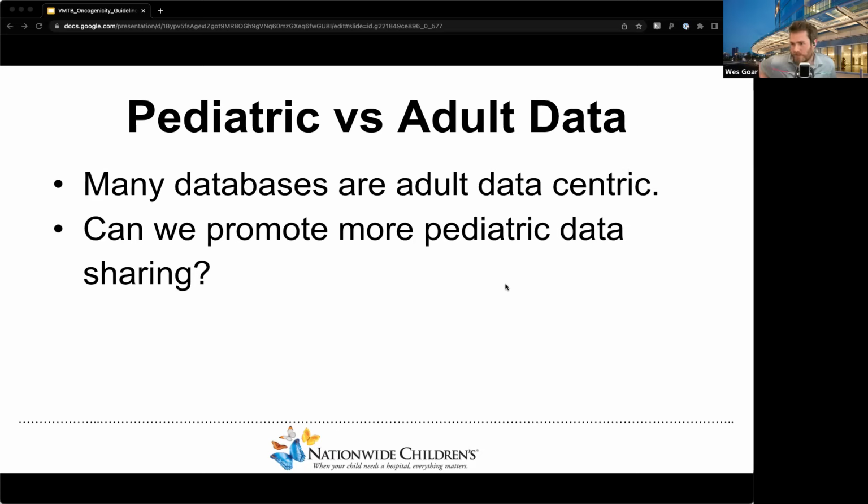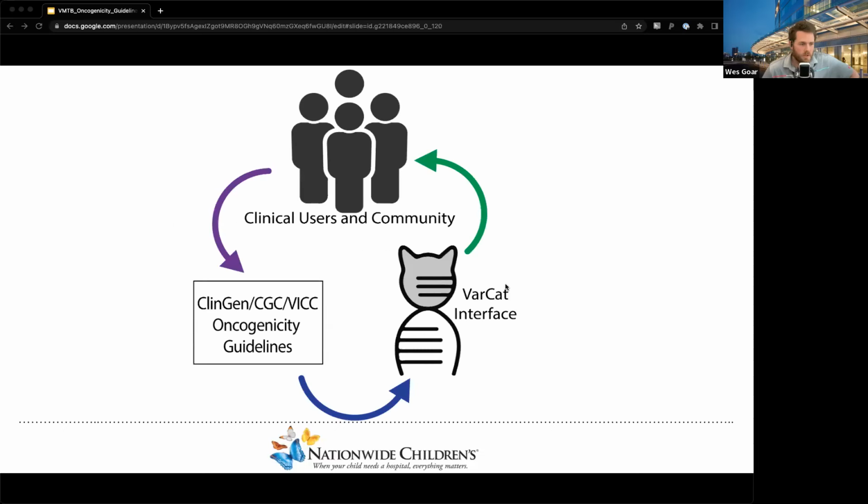And so not only do we want to find and harmonize as much pediatric data as we can, but we also want to promote pediatric data sharing, which is part of the reason why we're building VarCat. We want this to be an open source platform that other people can use, and we can share variant analysis from pediatric cases with one another.